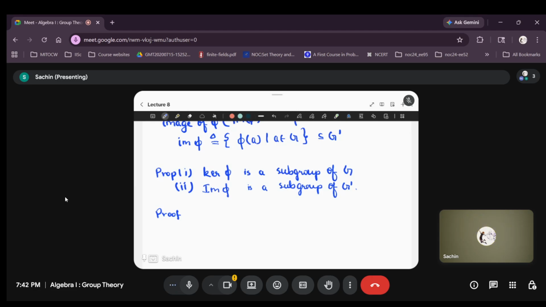Yes. To prove subgroup, we have to show closure and inverse, both.